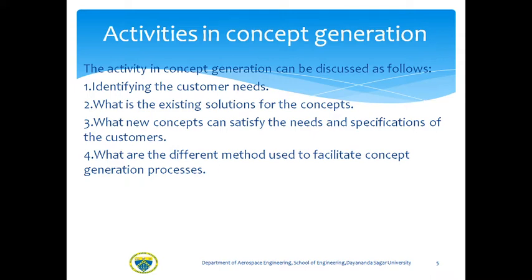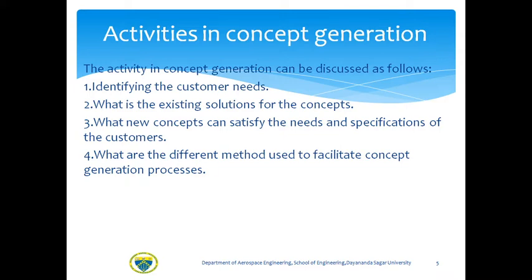Once you understand the customer needs, the next step is you need to look for the solutions, whether you already have an existing solution for that need or not. If the existing solution is available, then you can directly use that and try to understand whether that solution is suitable for this need.